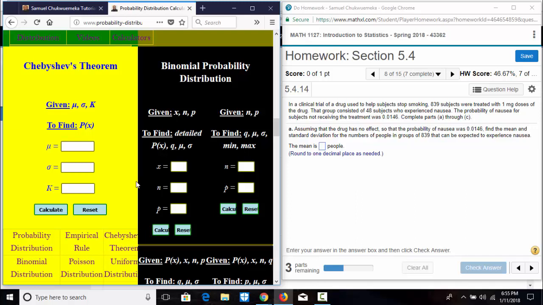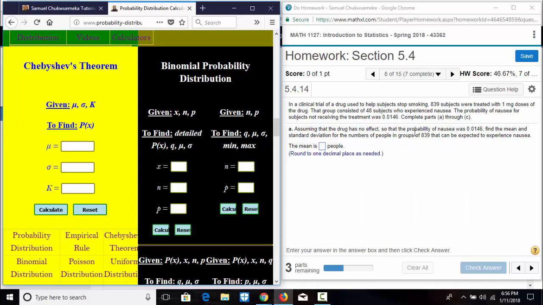A. Assuming that the drug has no effect, so that the probability of nausea was 0.0146, find the mean and standard deviation for the numbers of people in groups of 839 that can be expected to experience nausea.